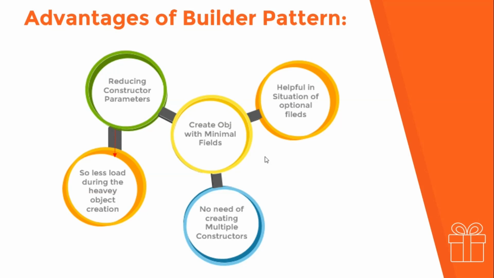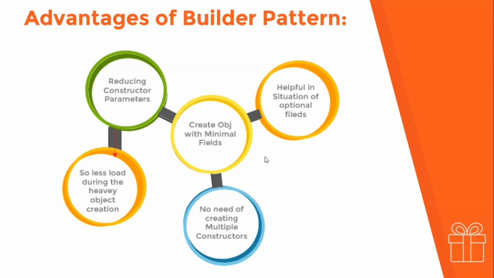If you reduce constructor parameters while creating an object, it will reduce the load on memory while creating a heavy object. I am talking about 10 parameters, but what if you have 100 parameters?